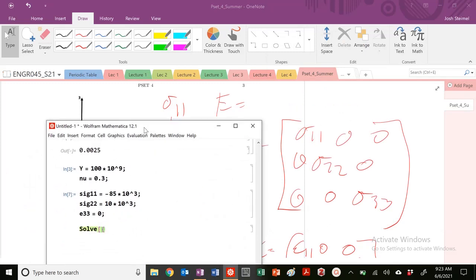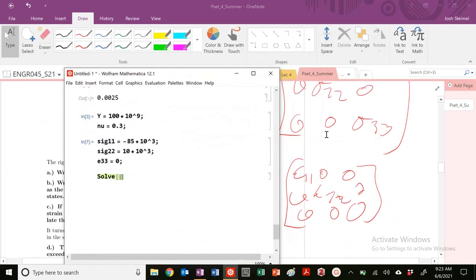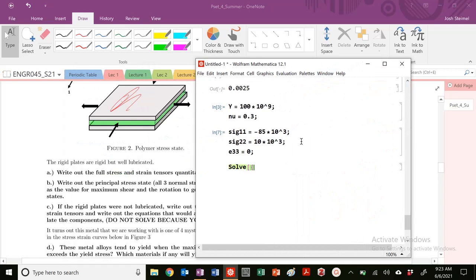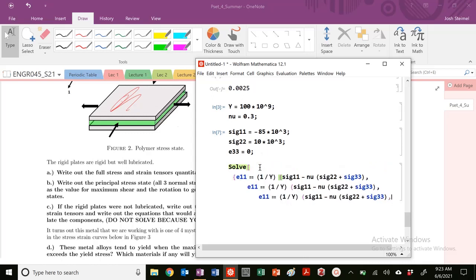Now I can solve for my 3 unknowns with 3 equations. Excuse me, I need to solve for sigma 3-3, epsilon 1-1, and epsilon 2-2. So epsilon 1-1 equals 1 divided by E times sigma 1-1 minus nu times sigma 2-2 plus sigma 3-3. And then repeat for the others; we've done this exercise before.